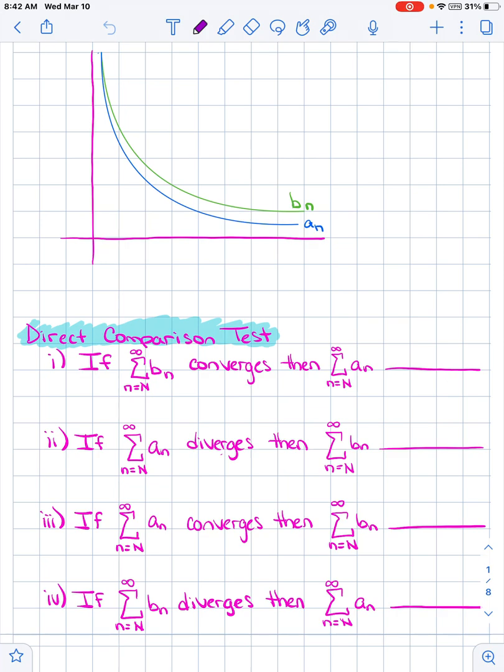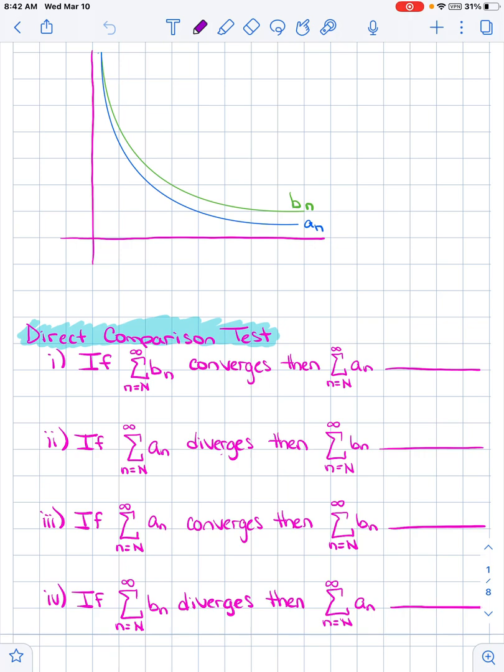Okay, let's take a look at this. So we're saying that in the very first one, if b sub n converges, that means b sub n is approaching the x-axis fast enough that we can find the sum of that series.